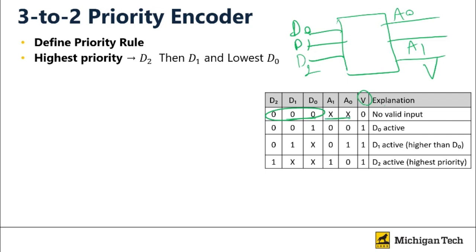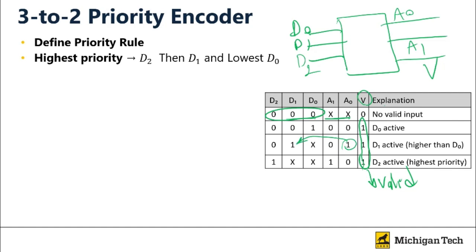So we don't care about the output anymore. We don't need to check the output anymore. It's not valid. Other than that, it is valid, and it works normally. So for 0, 0, 1, we create 0. For 0, 1, anything else, we create 1 because it's the highest priority.